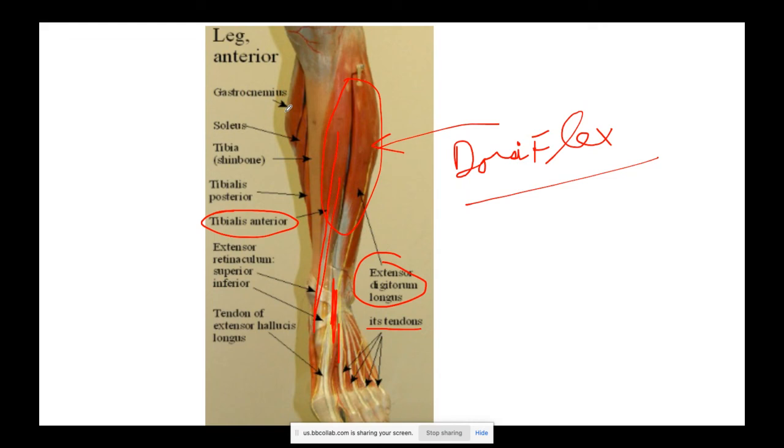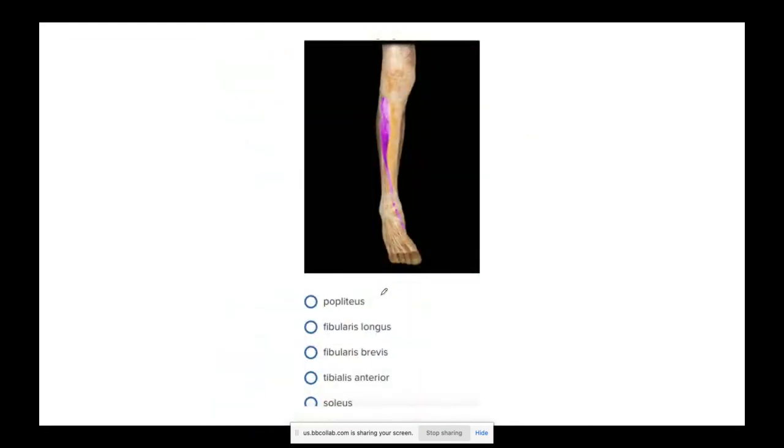The muscles on the posterior side do the opposite because they're antagonistic. The posterior muscles like the gastrocs and the soleus, your calf muscles, will plantar flex the foot and the toes. So the tibialis anterior is a biggie in the front, and so is the extensor digitorum longus.